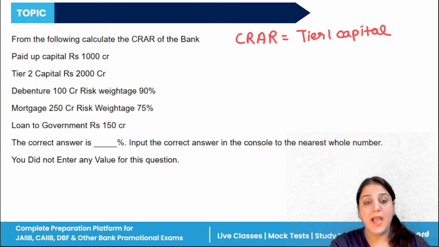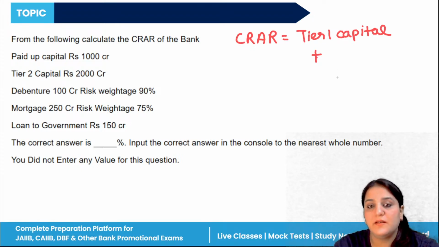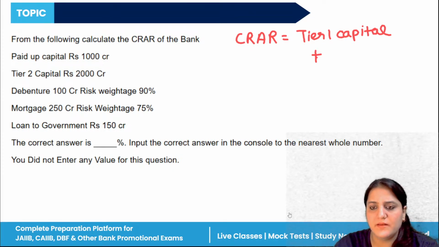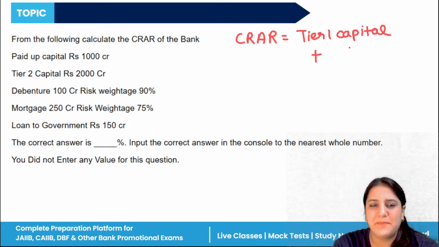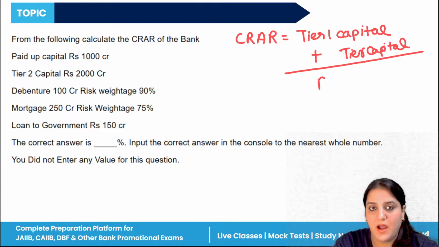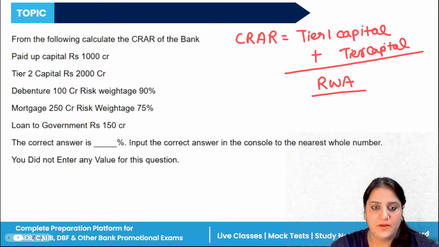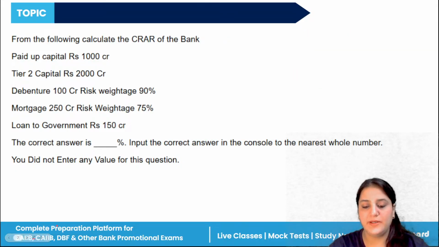Okay, and add here in tier 1 capital the capital which is here, all the capital basically. So then divide it by RWA. So this is the formula of CRAR. Now calculate.